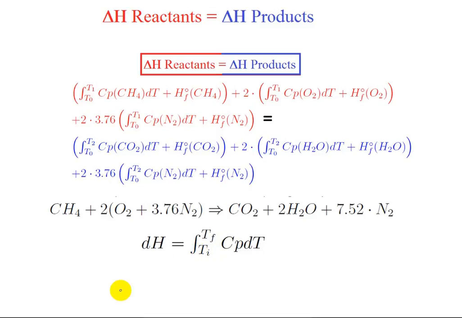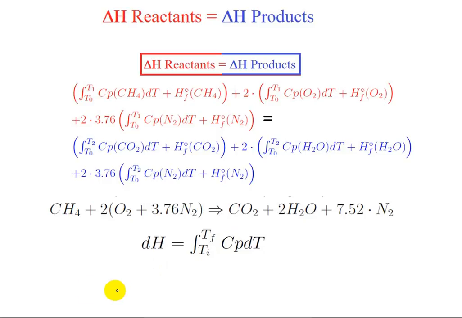Our sensible heat term is just the heat needed to raise the temperature of methane, or whichever one is being referenced, from some reference state to the starting temperature of the reactants.